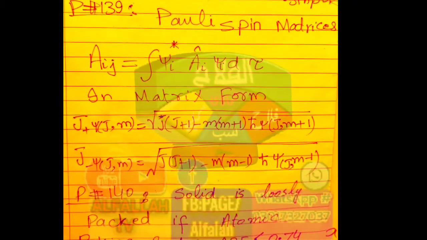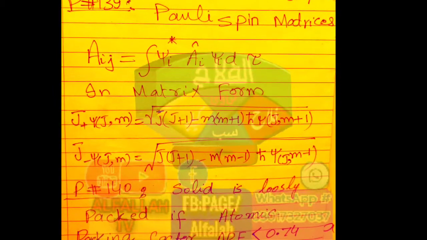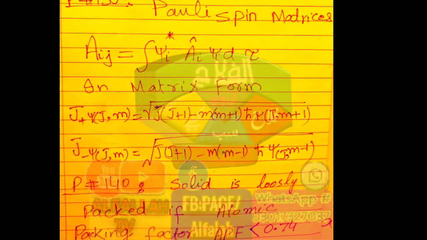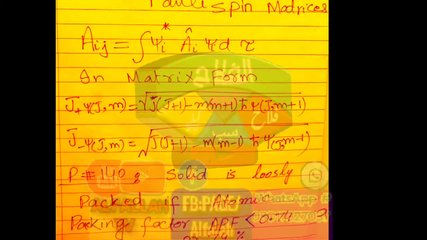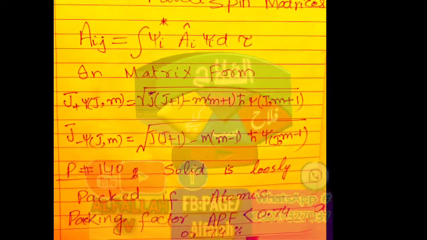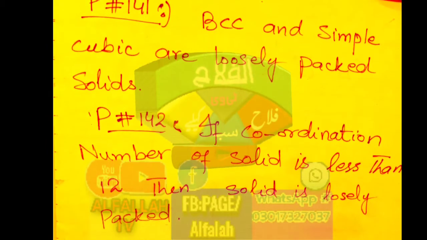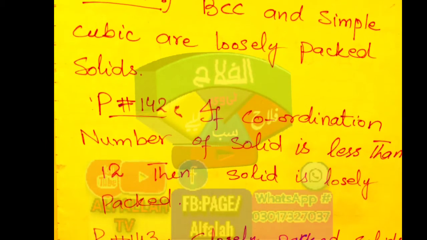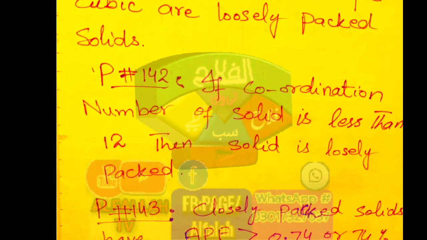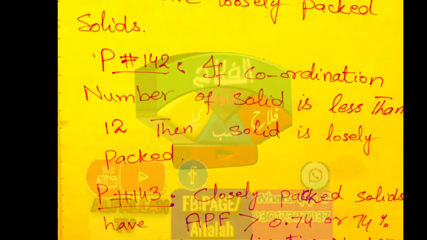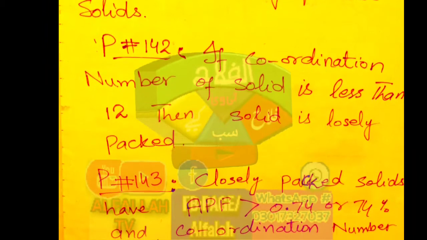Point number 140: a solid is loosely packed if atomic packing factor APF is smaller than 0.74 or 74%. Point number 141: BCC and simple cubic are loosely packed solids. Point number 142: if the coordination number of a solid is less than 12, then the solid is loosely packed.